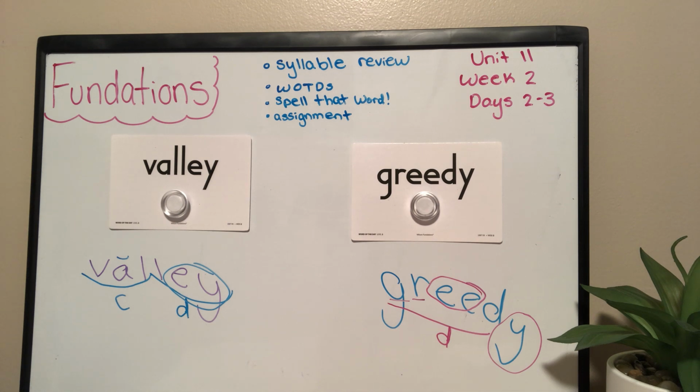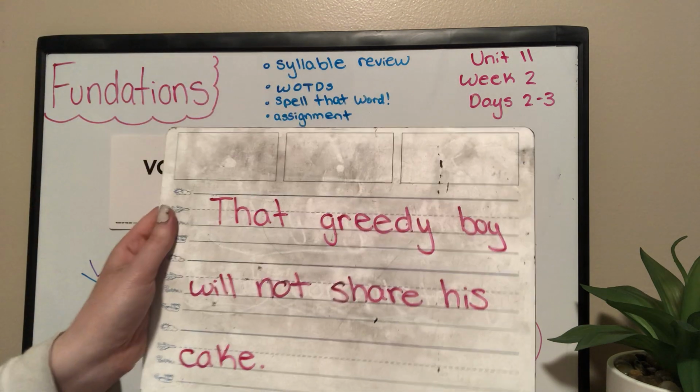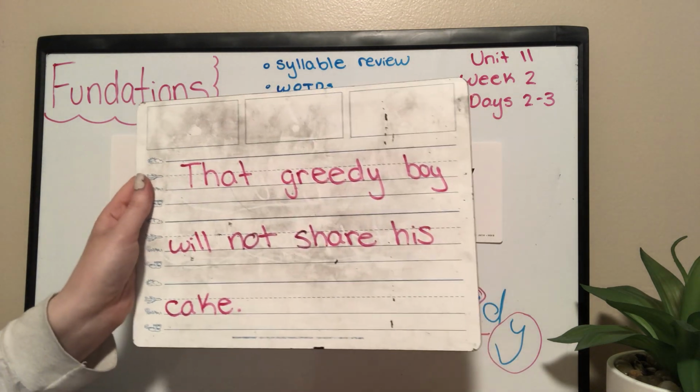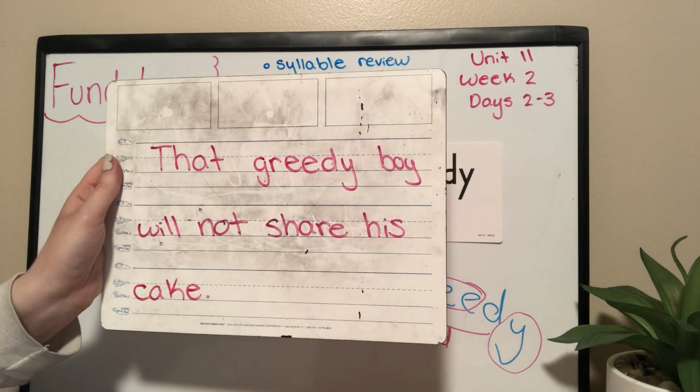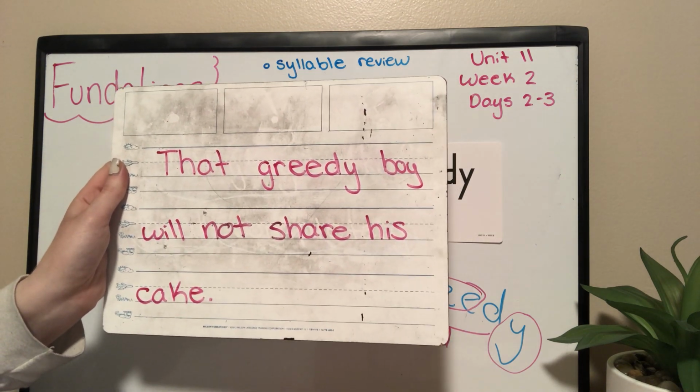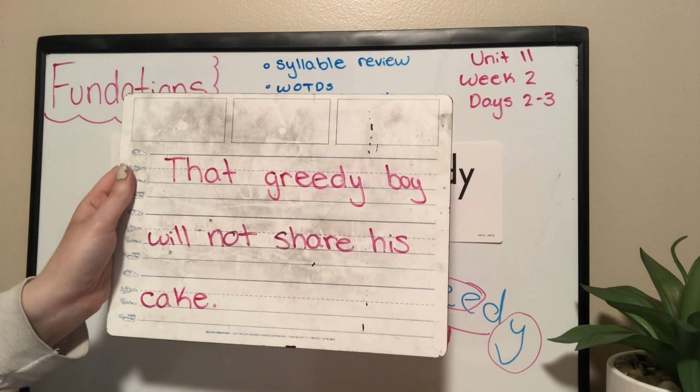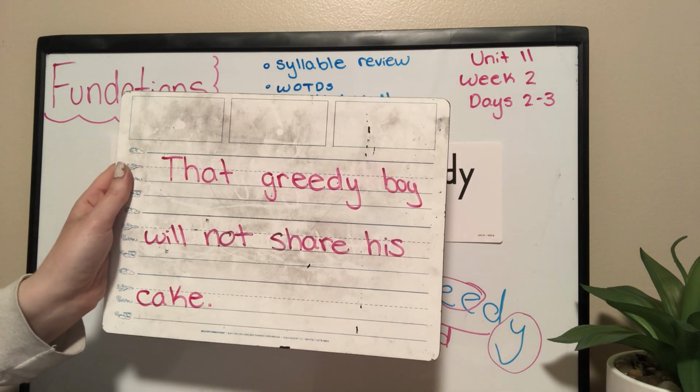It is describing something. So in the sentence that I'm writing right now, I'm using it to describe a boy. My sentence here on my dirty whiteboard says that greedy boy will not share his cake. How would I scoop this sentence?